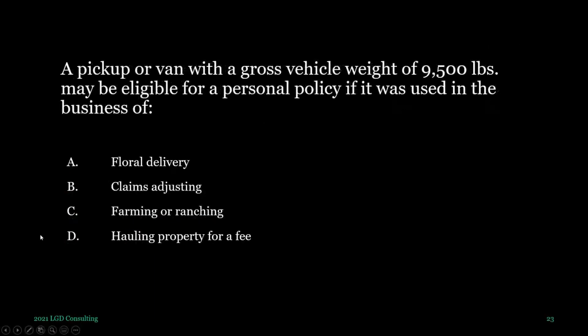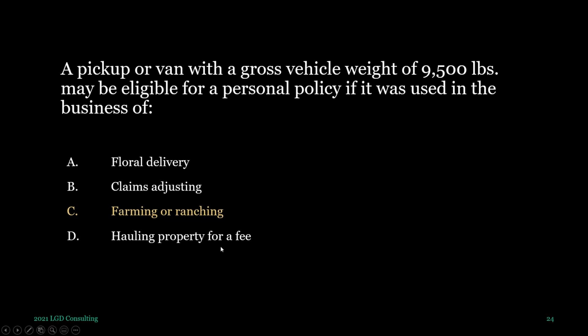A pickup truck or van with a gross vehicle weight of 9,500 pounds may be eligible for a personal auto policy if it was used in the business of farming and ranching. Okay, so if you're using your pickup truck in the farming industry because you own a farm, that's personal use. All right, delivery, claims adjusting, these are business use.